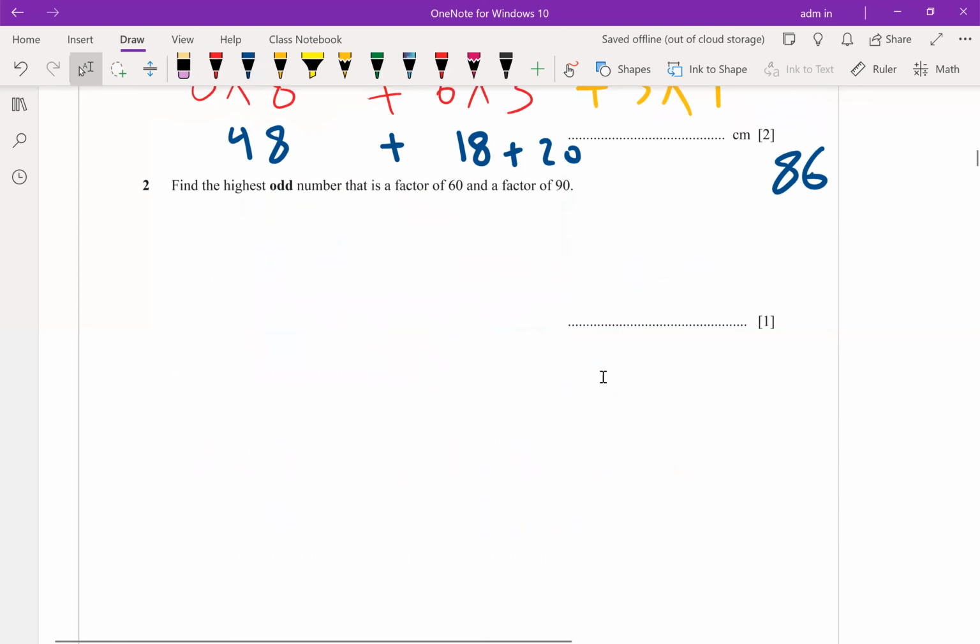Question 2. Find the highest odd number that is a factor of both 60 and 90.